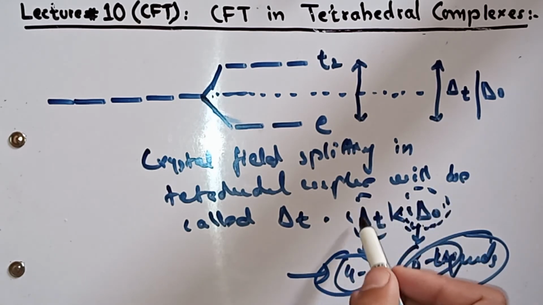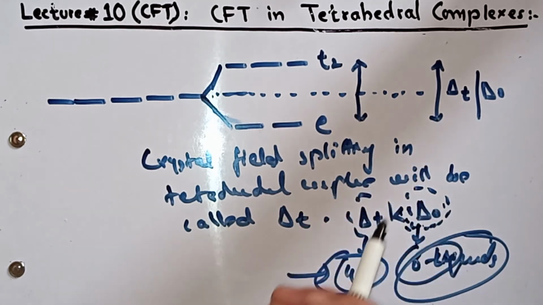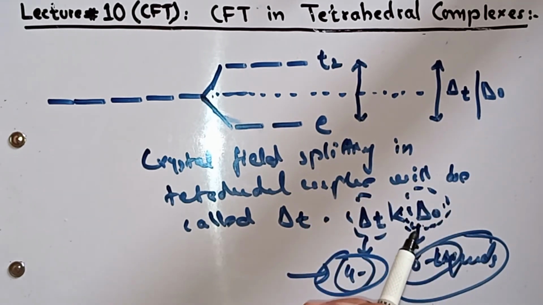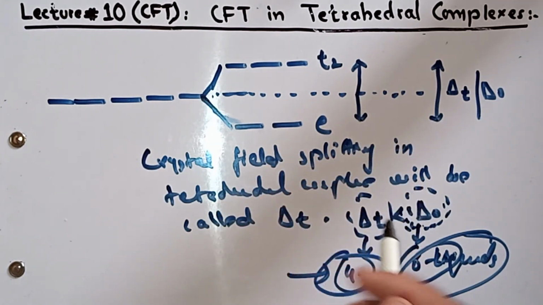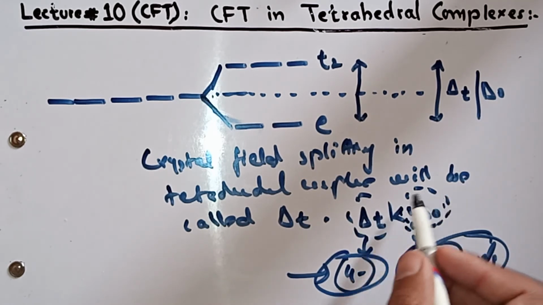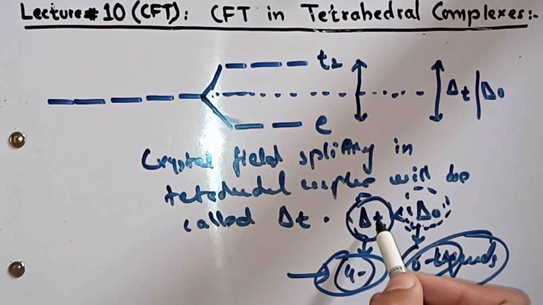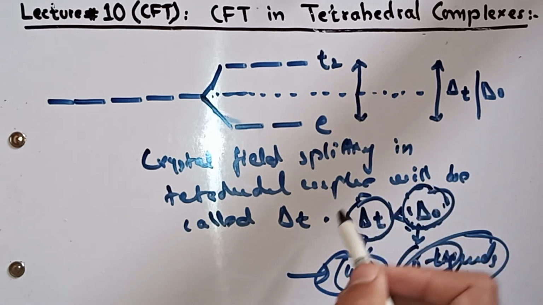But in case of tetrahedral complex, the ligands are approaching in between the axes, so the interaction between the ligands and the orbitals of the T2 set, which lie in between the axes, is not as effective as in delta naught. So that's why the delta T splitting will be decreased while the delta naught splitting will be higher. So delta T will be less than delta naught.